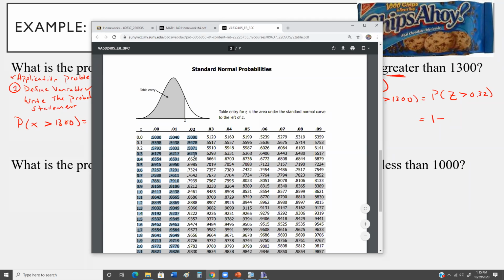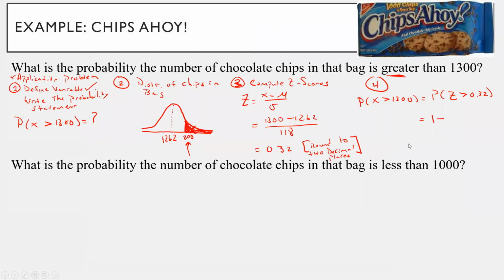All right, so it's just 1 minus 0.6255. So I believe that becomes 0.3745. Did I do that correctly in my head? Nice. Math teacher does simple math. It's always a good sign.